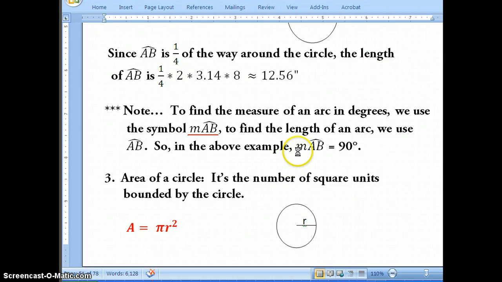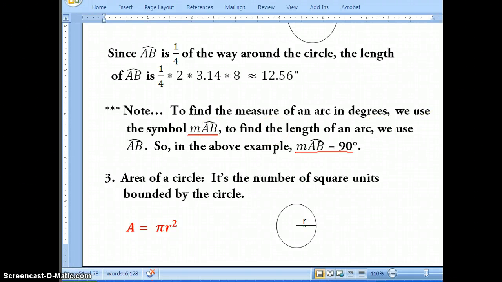So m in front of AB tells us how many degrees we're going around the circle. Just AB with a little symbol over it, and actually they use a half arc, but I couldn't find one on this software, so I'm using this little caret here. When you just see the AB, that's the length of the distance around the circle.